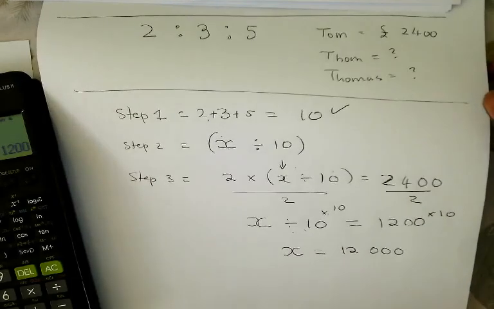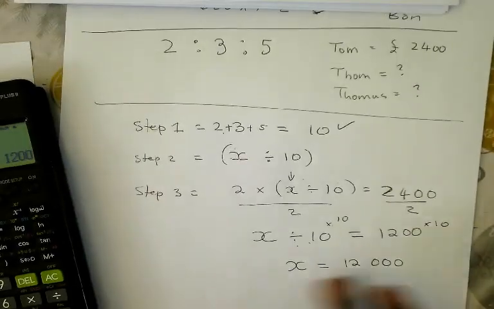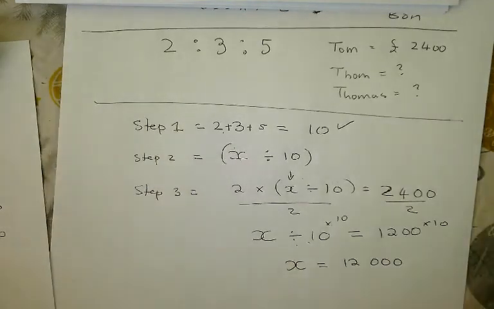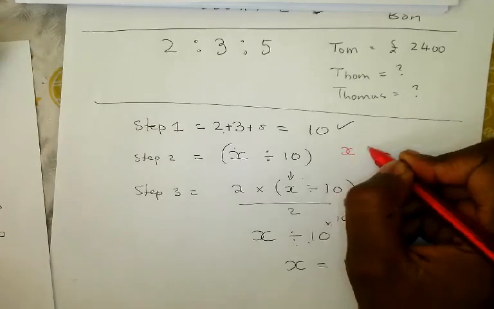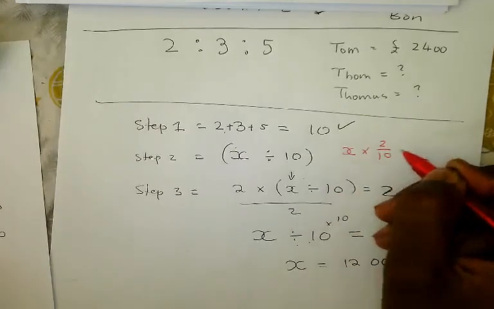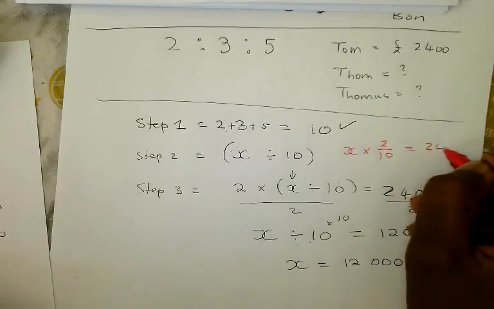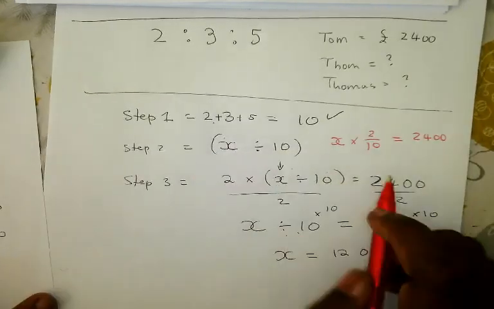You could have done it in another method. You could have said, whatever the amount is for the estate multiplied by 2 over 10, equals 2,400. How do we get 2 over 10? This is the ratio for Tom, this is the sum of the ratio.